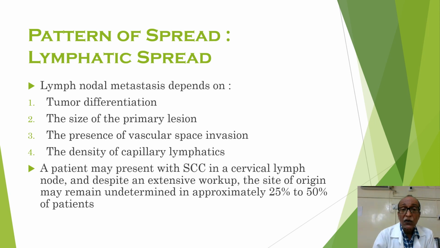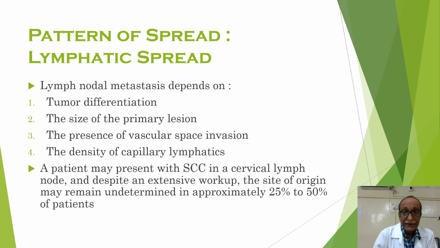Those together are called vascular space. If they are invaded more on histopathology examination, the chances of lymph node involvement will be more. And fourth, naturally, the density of capillary lymphatics. Like tonsil is very, very rich in lymphatics. Tongue is very, very rich in lymphatics.